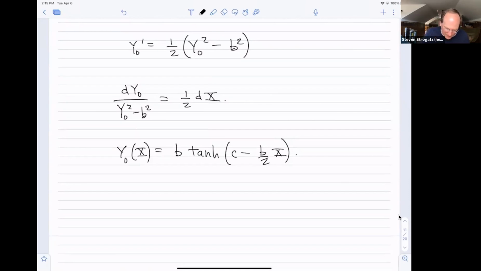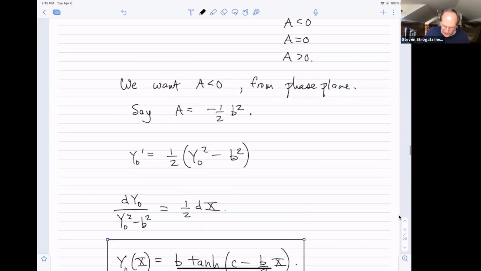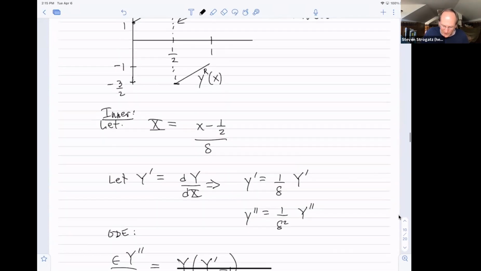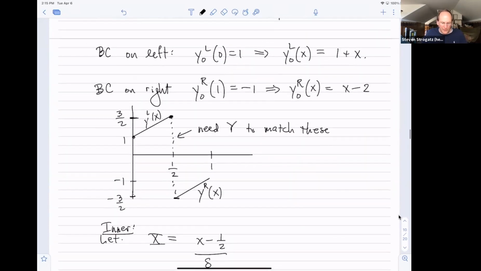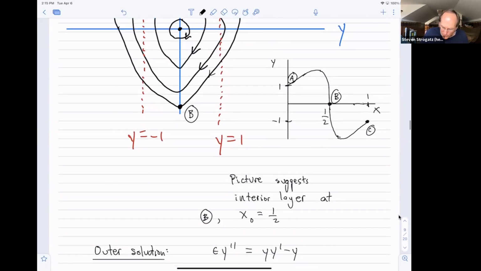If I take this as my inner solution, and use the insight from my phase plane thinking, I look at what kind of inner solution I need to match those two straight lines, and to go through 0 when X is a half.